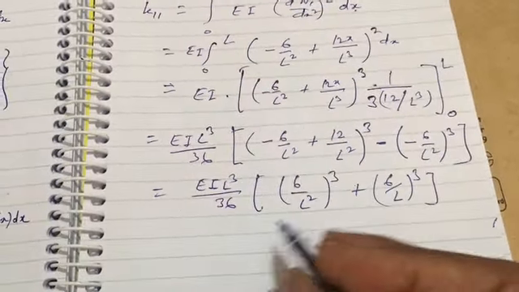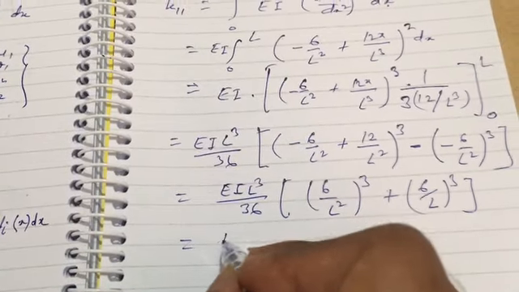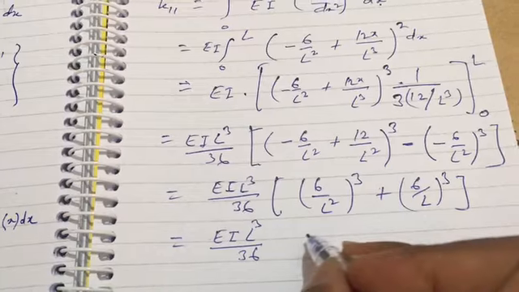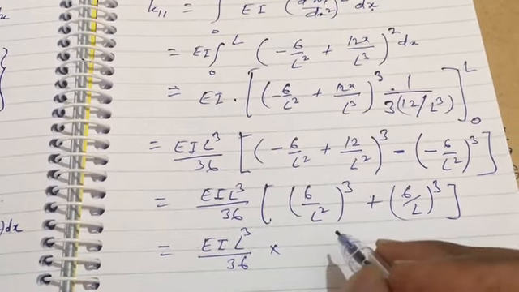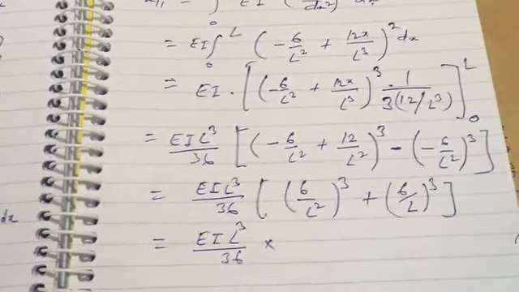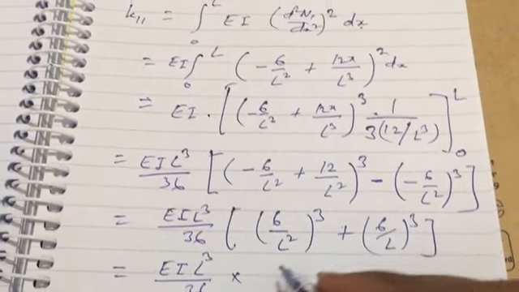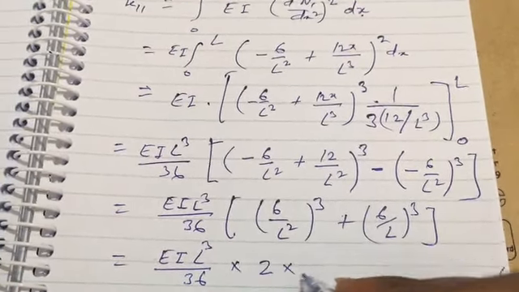So finally we get EI L cube over 36 multiplied by 2 times this one, so 2 times 6 to power 3 and L to power 6.